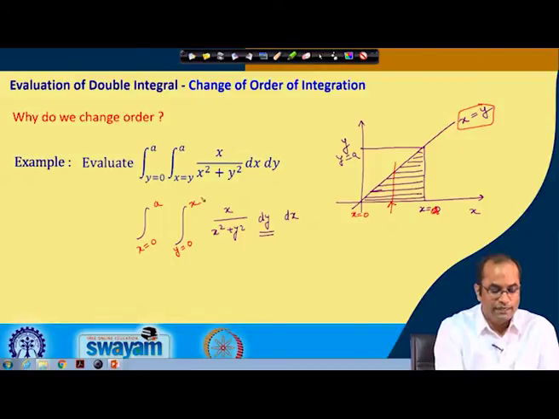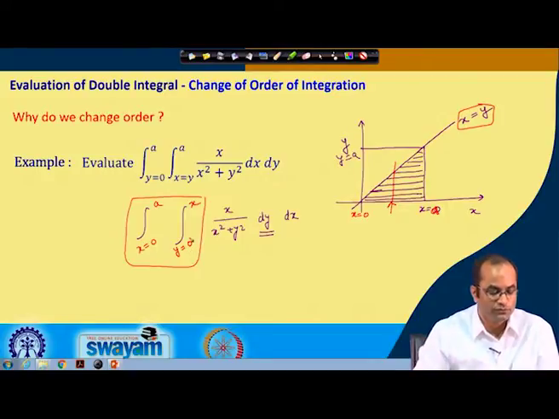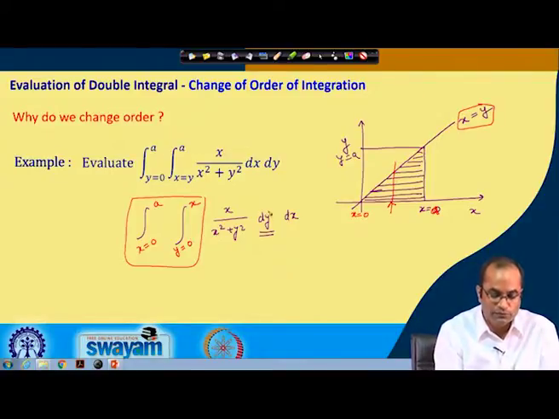So, in this way we have changed the limits: x goes from 0 to a, and y goes from 0 to x, and now we can integrate this, because integrating with respect to y is going to be easier. Here x is constant, so we have the term 1 over x square plus y square.